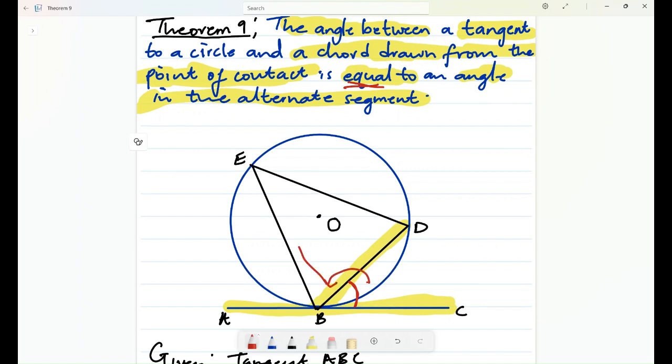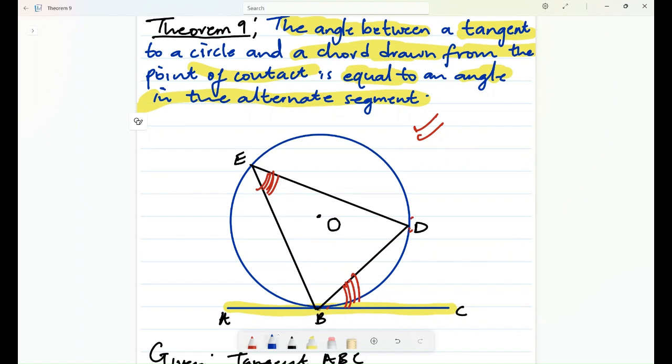So basically what they are trying to tell us is that this angle here, DBC, is equal to this angle here, which I can call E. What this theorem states is that angle DBC is equal to angle E.